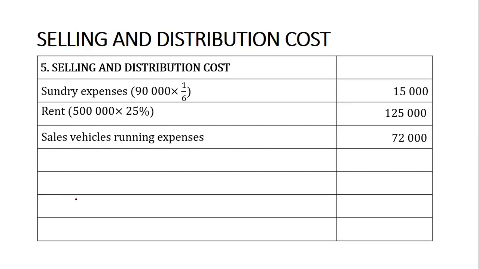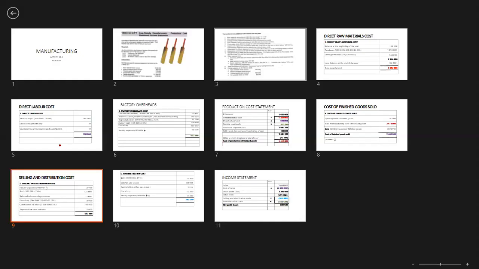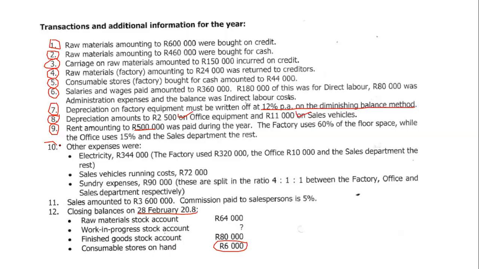Yes. And the last one, which is obviously not really the last one, we've got electricity. What happens there? 320,000 goes to factory overheads. The 10,000 goes to admin.